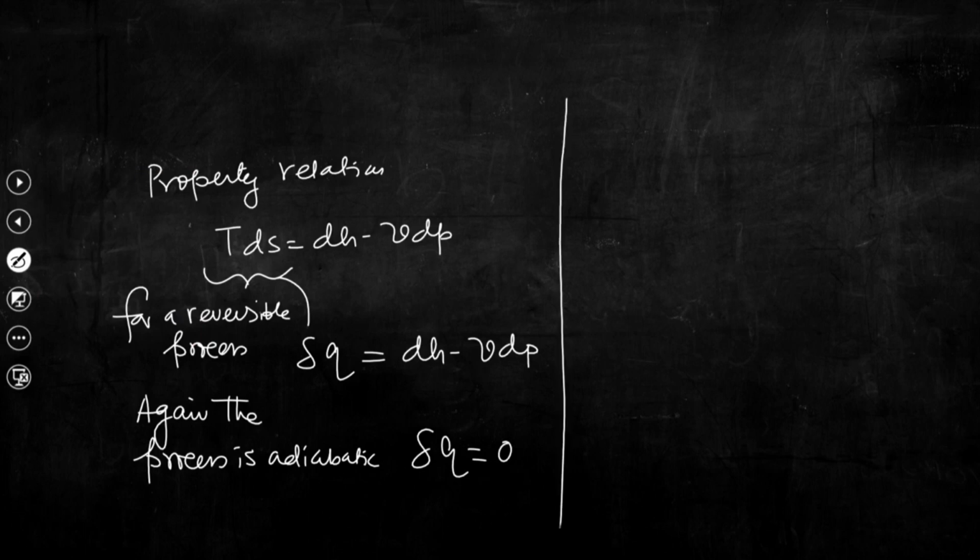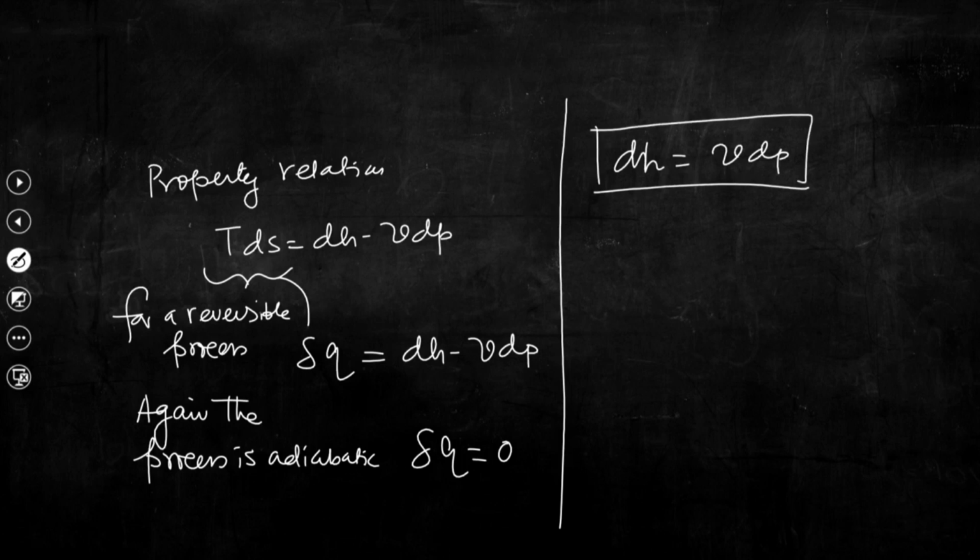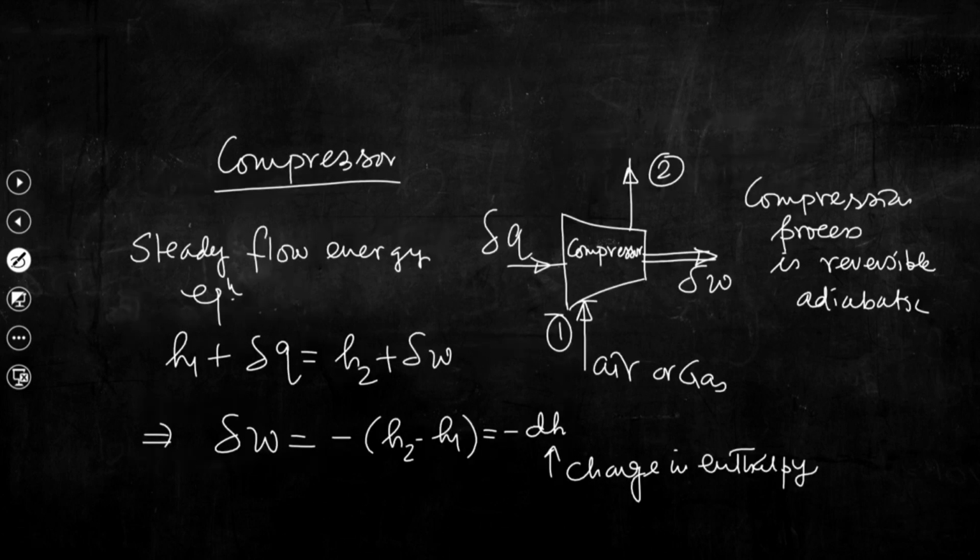That means, we can write dH equal to Vdp. So, this is what we can write from this property relation, and we can write that del W equal to minus dH from the steady flow energy equation.